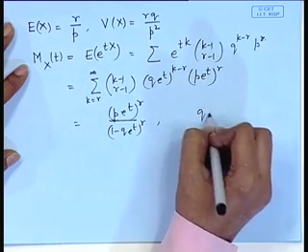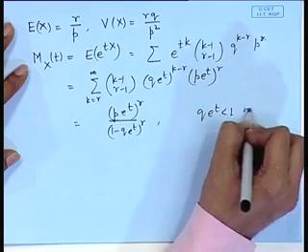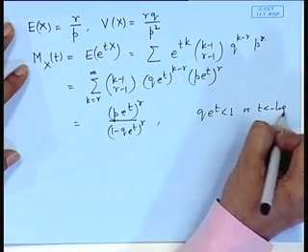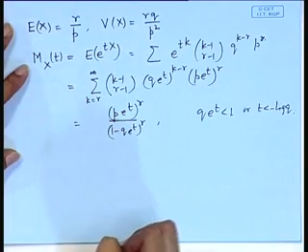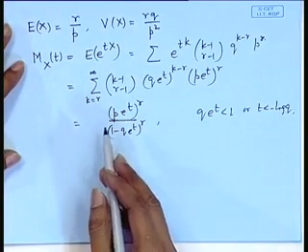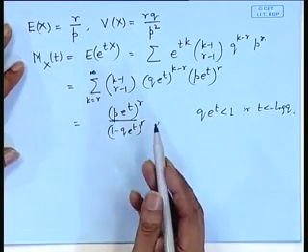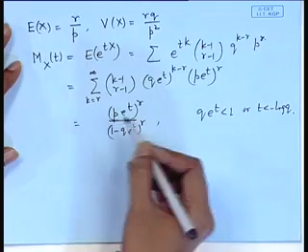This is valid for q e to the power t less than 1 or t less than minus log of q. So, if we are looking at r is equal to 1, this is reducing to the geometric distribution.